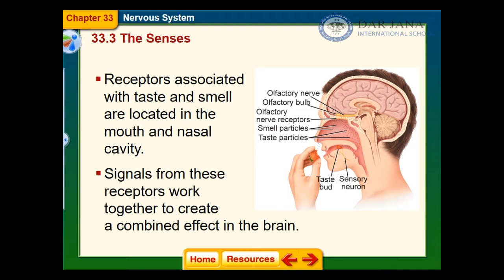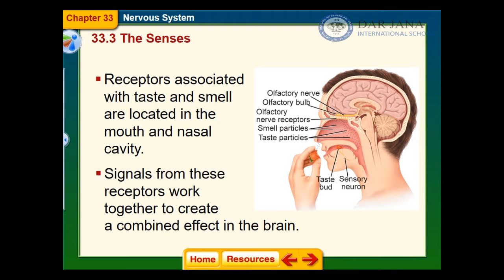What allows you to perceive this nerve impulse is the olfactory nerve receptors, the olfactory bulb, and the olfactory nerve that is transmitting this nerve impulse to the cerebrum, exactly to a lobe in the cerebrum called the temporal lobe. It's not required from you.